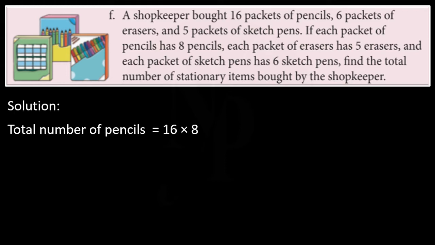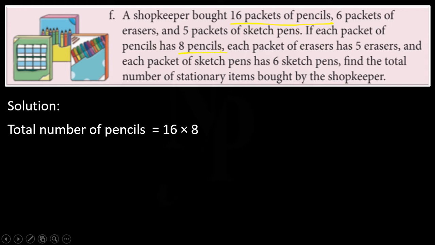Solution. Total number of pencils that the shopkeeper bought, that is 16 into 8, because 16 is the number of packets of pencils he bought, and in each packet of pencils there are 8 pencils. It is given here. There are 16 packets of pencils. Look here in the question. And in each packet of pencils, there are 8 pencils.